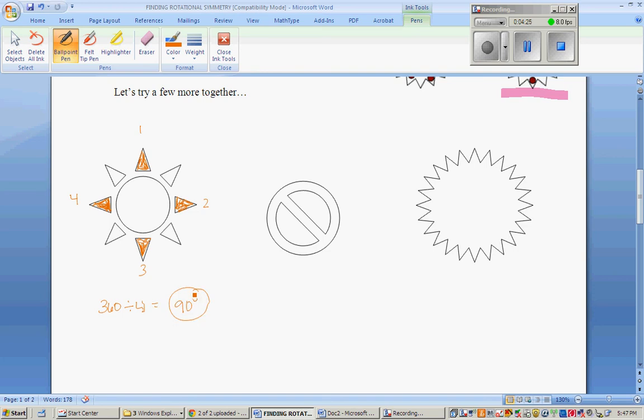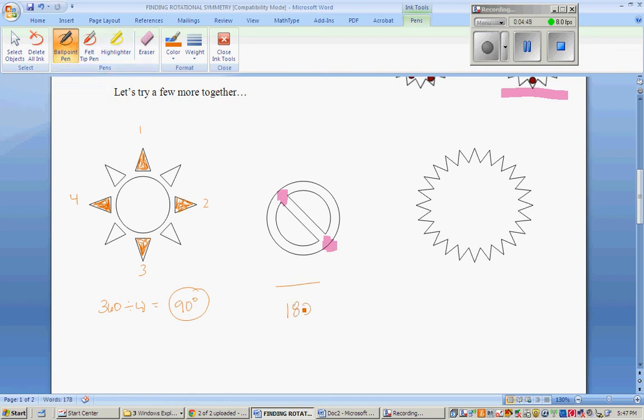So take a look at the second one and make a guess as to what kind of rotational symmetry it has. If you said that it has 2 points that are similar, and so it's 180 degrees, you're completely correct.